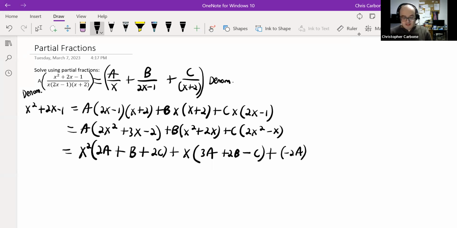From that, we could then obtain our different equations. Equating the x squared terms, we have 1 on the left-hand side is supposed to be equal to 2a plus b plus 2c.